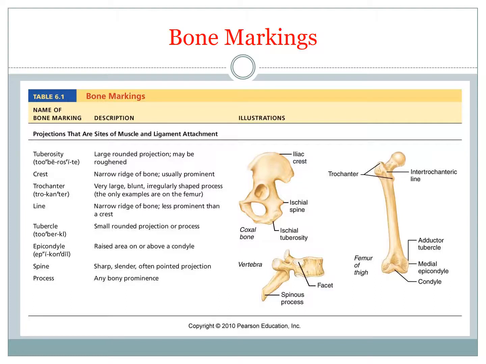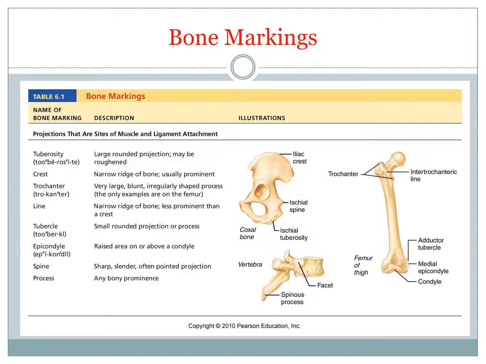Trochanter is a very large, irregularly shaped projection. Line is a narrow ridge of bone and is less prominent than a crest. Tubercle is a small, rounded projection.